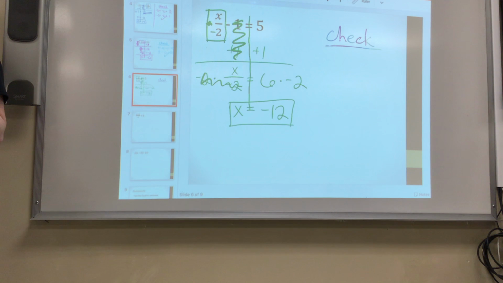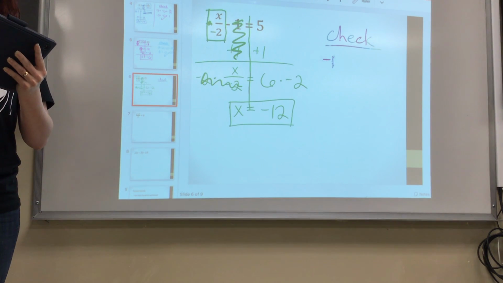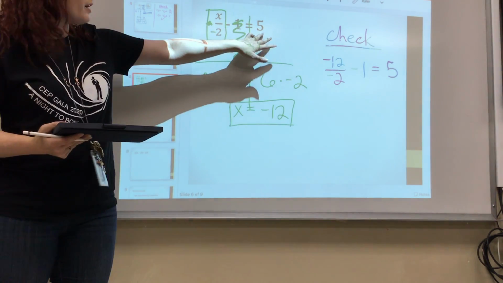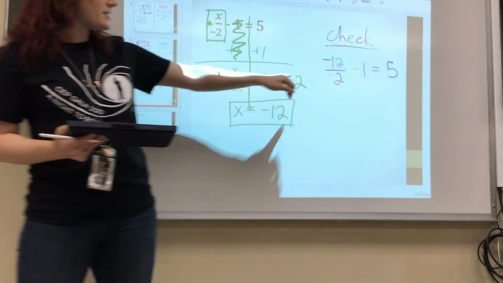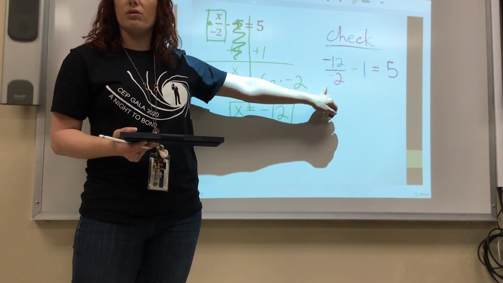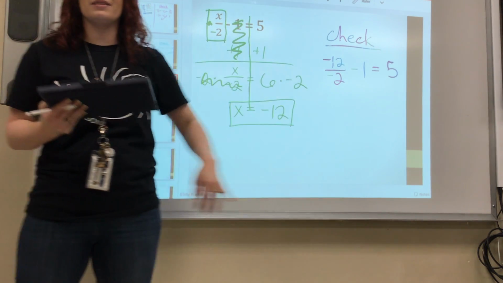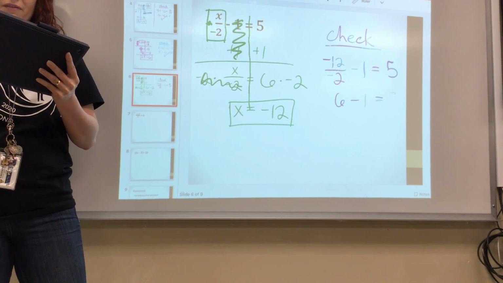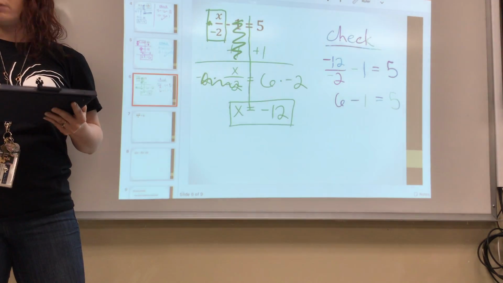Don't two negatives cancel out and make a positive? I'll write it out so I can show you. So negative 12 over negative 2. What else do I have, Carolyn? You also have minus 1. Okay, and what should it equal? 5. It needs to equal that 5 right there. So what is a negative 12 divided by a negative 2? William? Positive 6, because it's got negative and negative. So I would get 6 minus 1 equals 5. Is that true? Yes. Perfect. Very true.